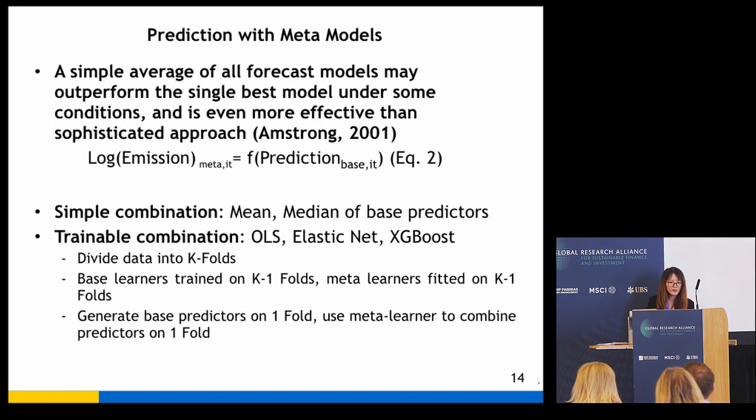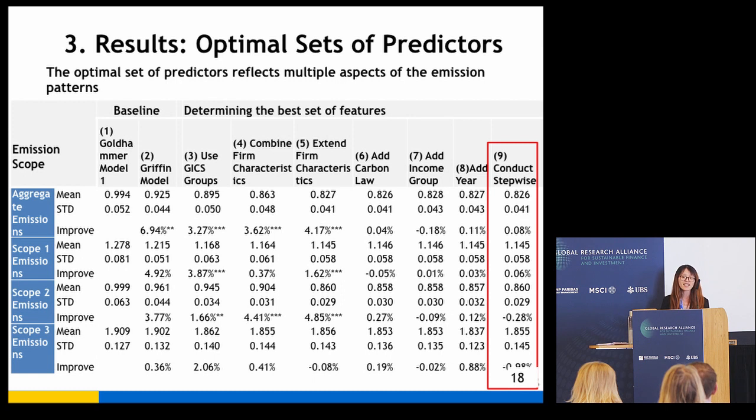So I'm going to go through the results quickly. The first step is selecting the optimal set of predictors. On the left-hand side is the MAE of the Gohammer model and the Griffin model, which are our base models. Then we go through different decisions, and we find that if we change the industry classification from sector level to group level, it improves the prediction accuracy.